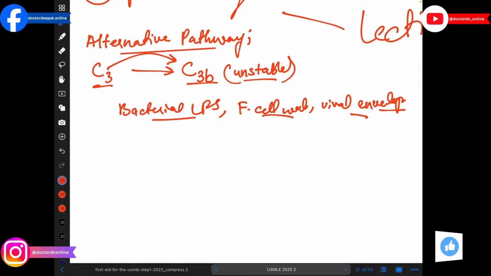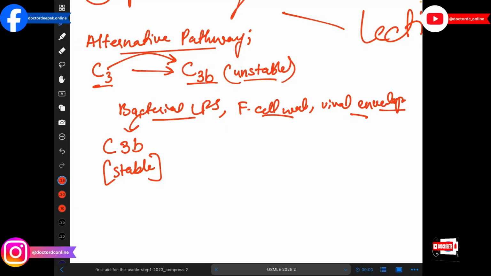The stable C3b can be bound by complement protein B, and complement protein D clips B bound to C3b. I will make a diagram for it. For example, C3b is going to bind with bacterial LPS. It is not stable at first.